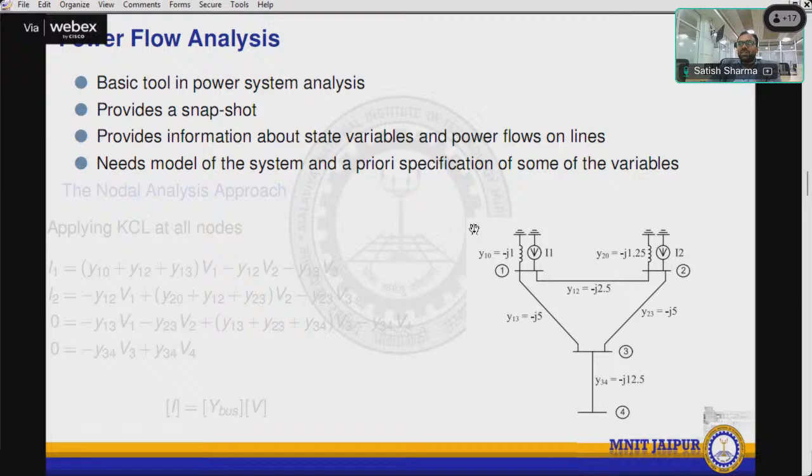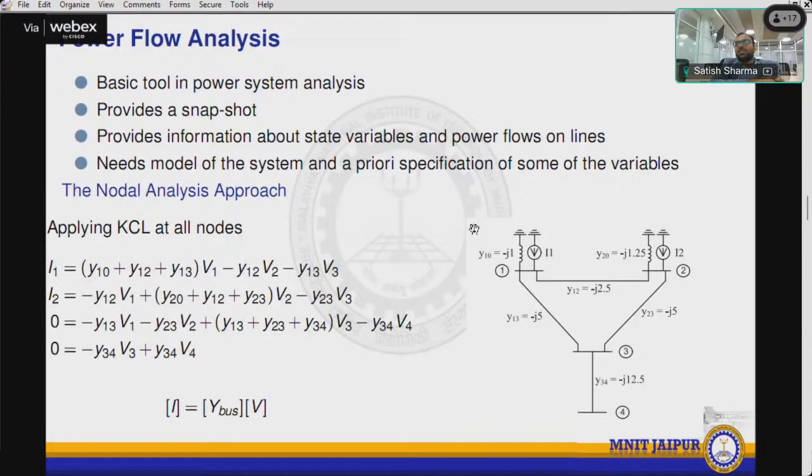Okay, so let's assume a network which is visible here, and if we apply nodal analysis, we can write down Kirchhoff's current law. So all the currents can be written. Let's say I1, I2 at buses 1 and 2, and we have calculated all the currents and written down Kirchhoff's current law.